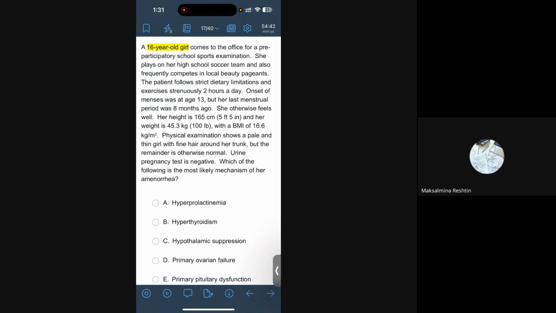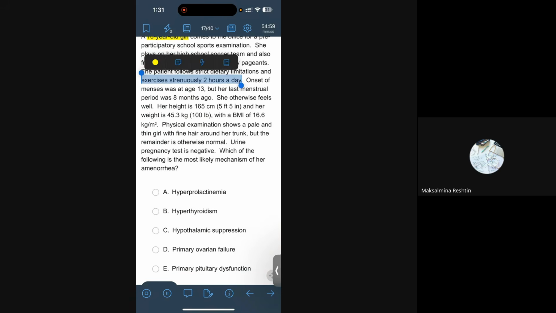The patient follows strict dietary limitations and exercises strenuously 2 hours a day. Onset of menstruation was at age 13, but her last menstrual period was 8 months ago. She otherwise feels well.